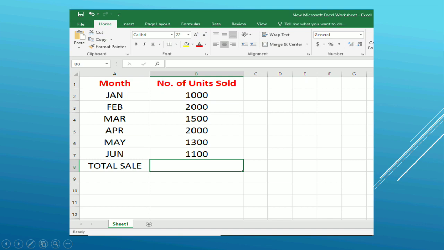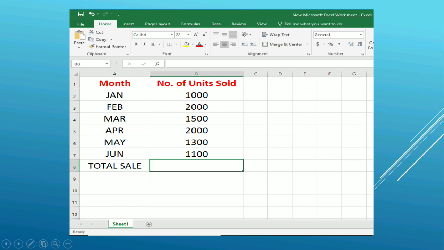In this figure you can see two columns, month and number of units sold. In the month field, January, February, March, April, May, June are written. Then the number of units sold: in January 1000 units sold, February 2000 units sold.